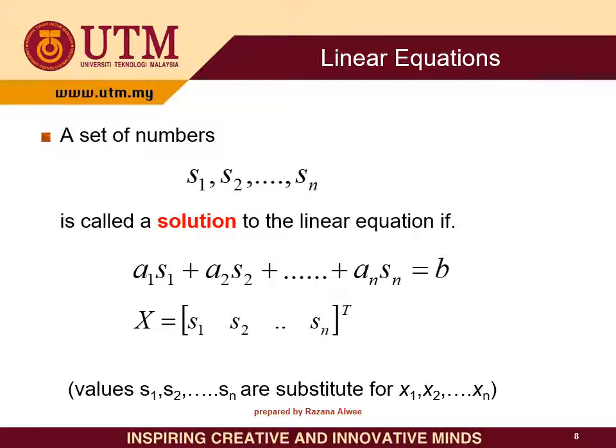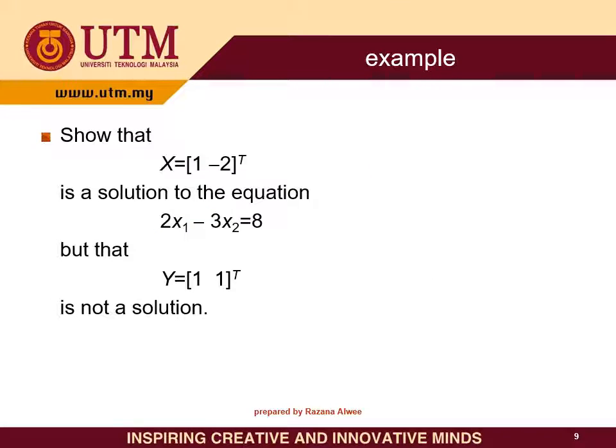In linear equations, we have a set of numbers represented by S. It is called a solution to the linear equation if this condition is met, whereby the values of S are substituted for the variables X. For example, this question asks us to show that the matrix X equal to 1, negative 2 transpose is a solution to the equation 2x1 minus 3x2 equals 8.